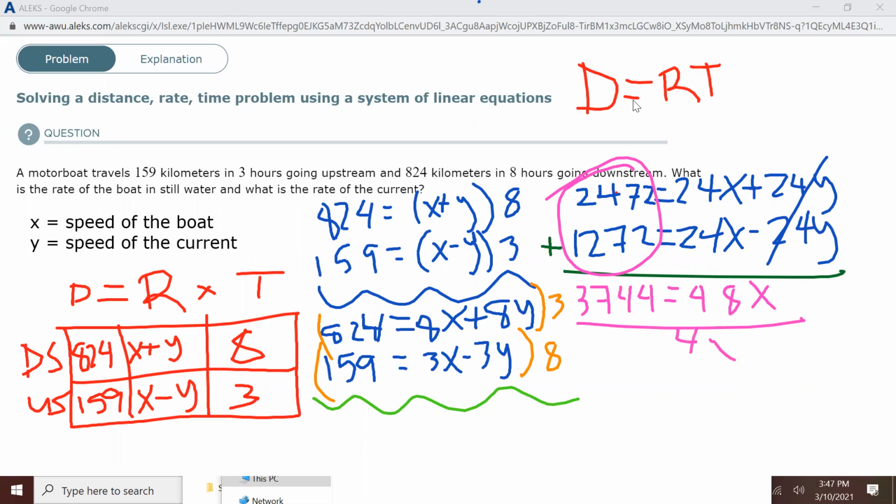Dividing by 48, x is actually 78 kilometers per hour. I'll let you plug the 78 in for x into one of the equations, doesn't matter which, to solve for y. But when you do, you should get 25 kilometers per hour.